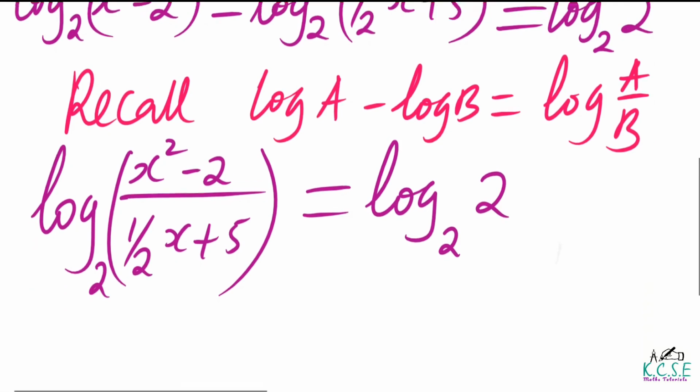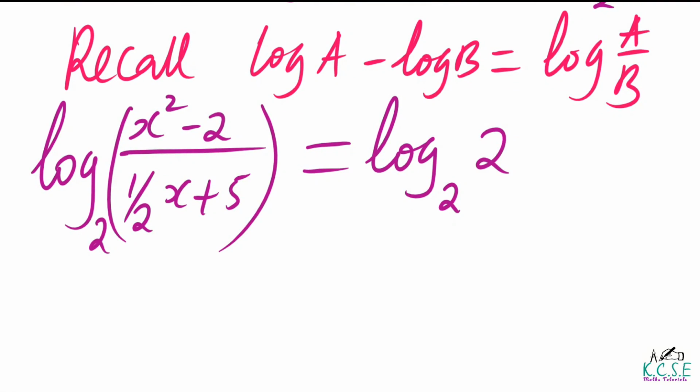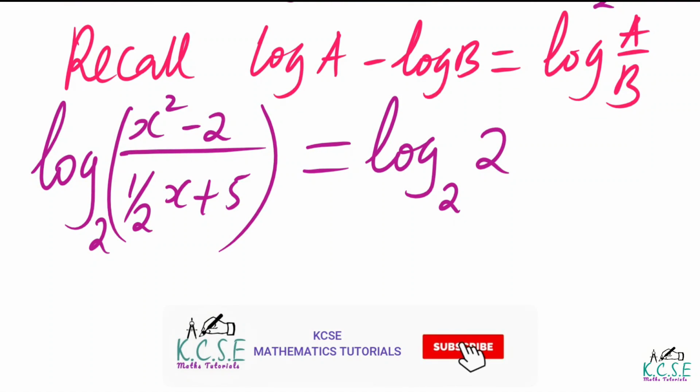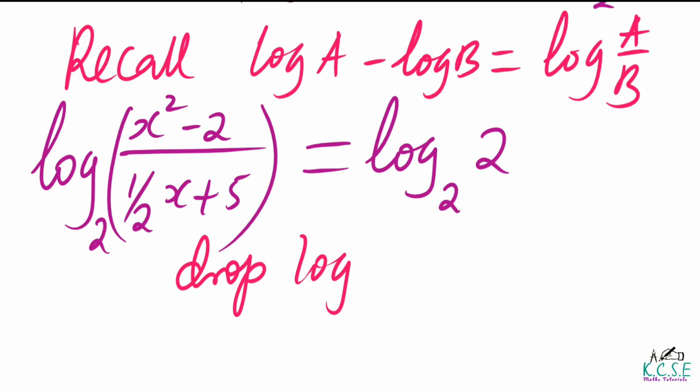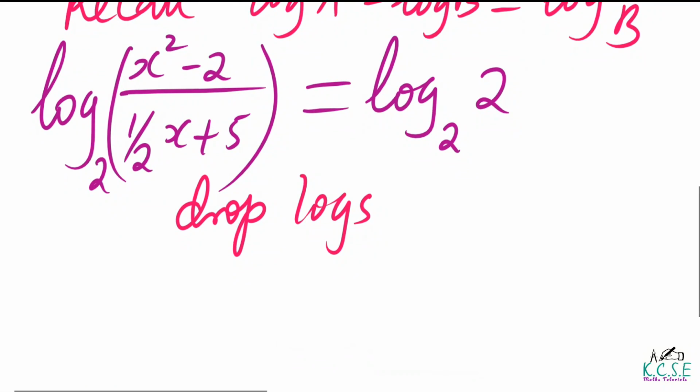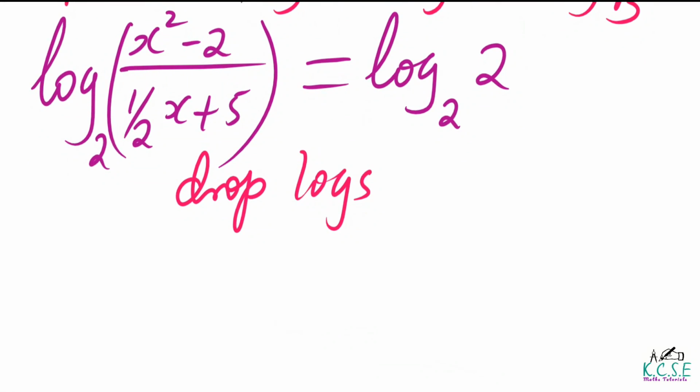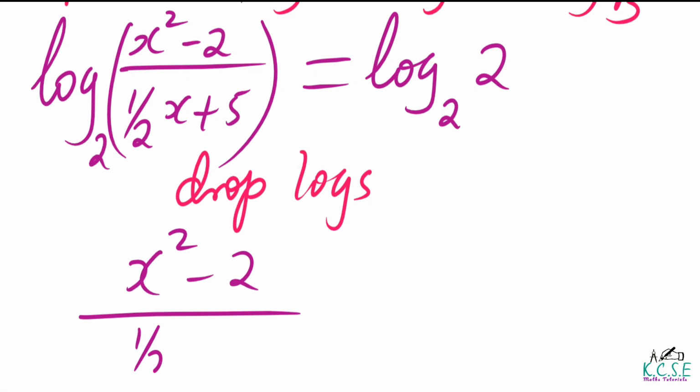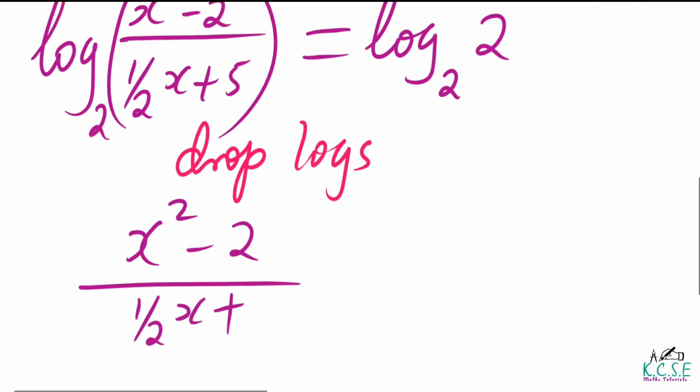So at this stage, we can drop the logs from both sides, and when you drop the logs, this is what we remain with. We shall have x squared minus 2 divided by a half x plus 5 is equal to 2.